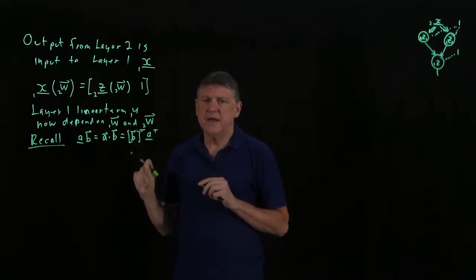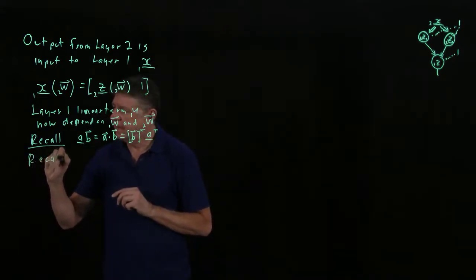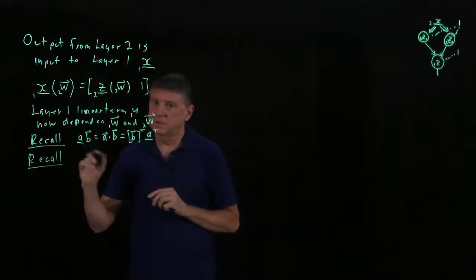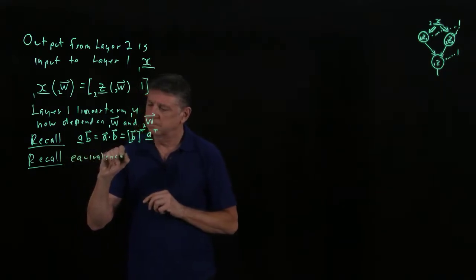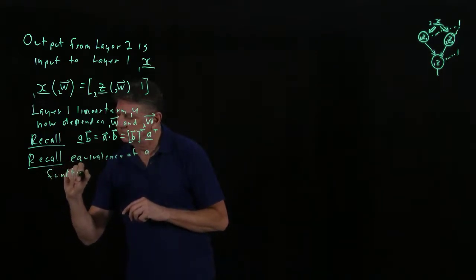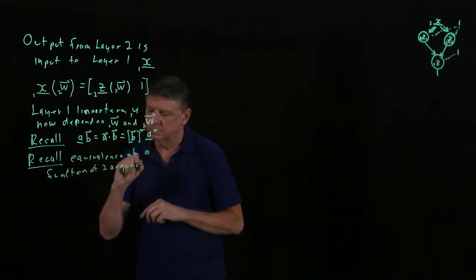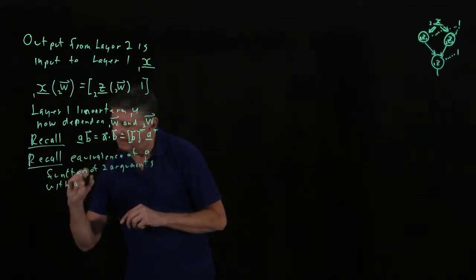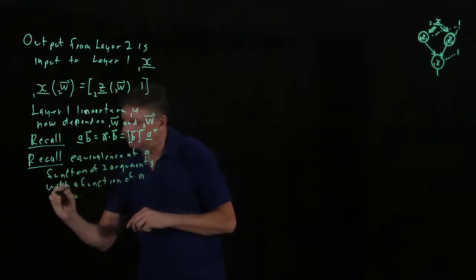So now what we can also recall, and this goes back to vector calculus, is recall the equivalence of a function, and here we'll say two arguments, with a function of a vector argument.